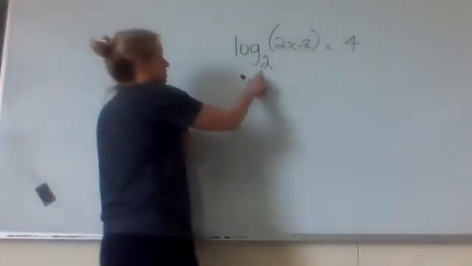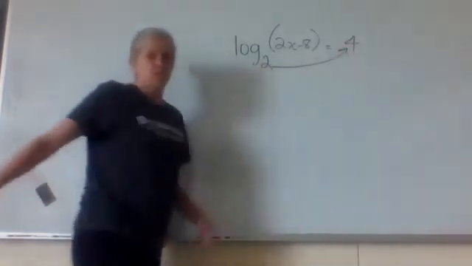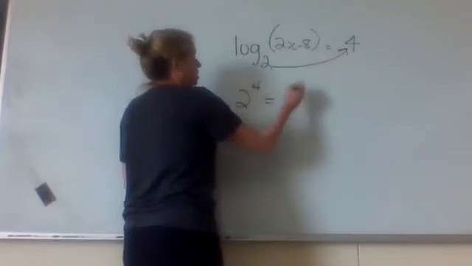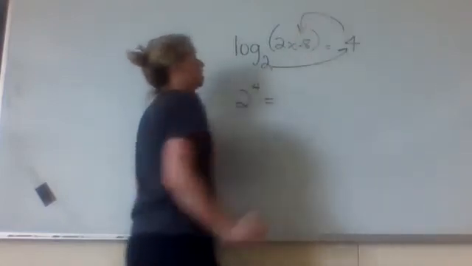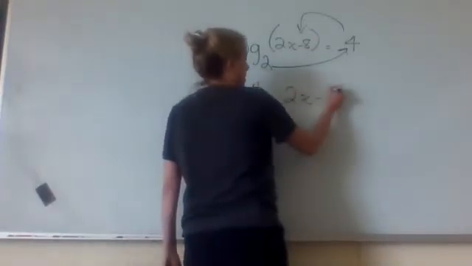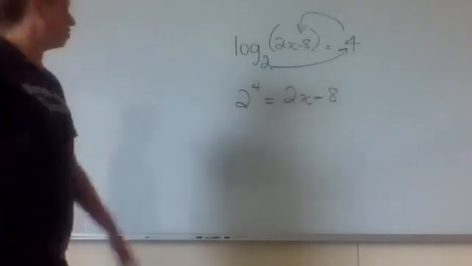So once again, a log means raise its base to that power. So 2 to the 4th power, and make it equal to what is right there. So that's going to be equal to 2x minus 8. And then solve it for x.